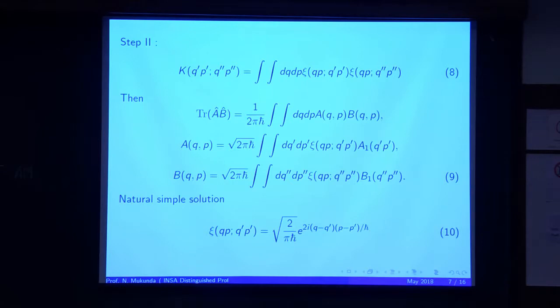Okay. So if you can construct some square root kernel psi, this is what you can achieve. Now in the Cartesian continuous case, using the fact that all the variables we are dealing with are continuous variables, they run from minus to plus infinity, and if you choose this square root quantity psi to be also translation invariant and symmetric on its own, then there is a very simple and natural solution.